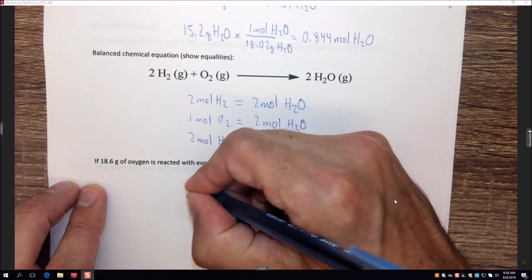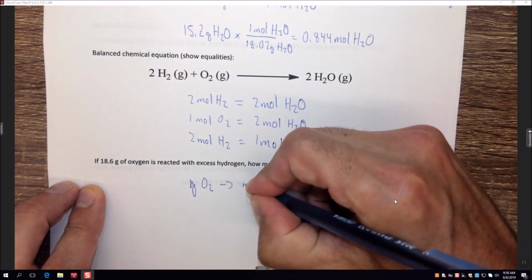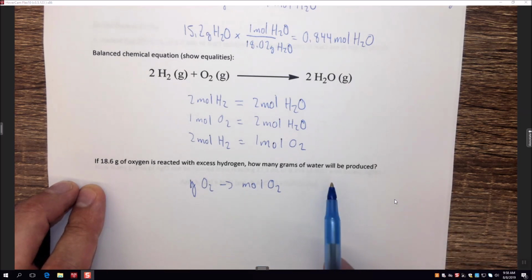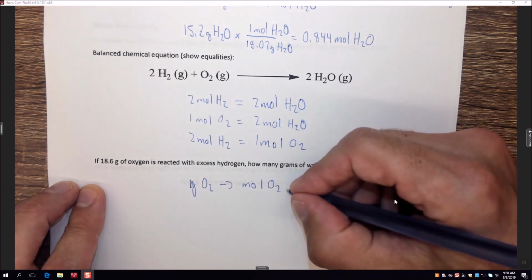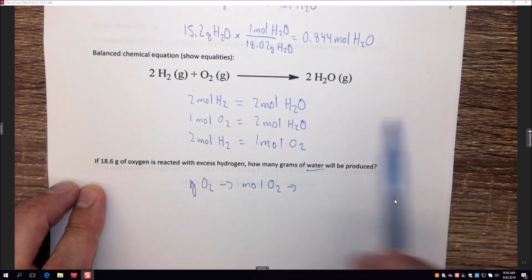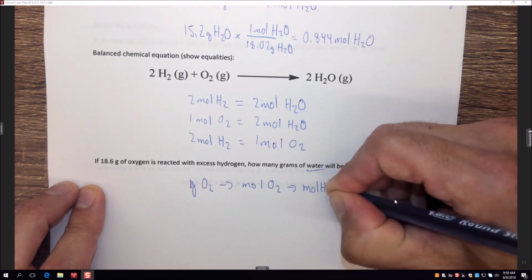We need to take the grams of oxygen and convert it first to moles of oxygen. Once we have moles of oxygen, we can figure out how many moles of water will be produced, because we can convert from moles of oxygen to moles of water using what? A balanced chemical equation. So we can convert this to moles of water.